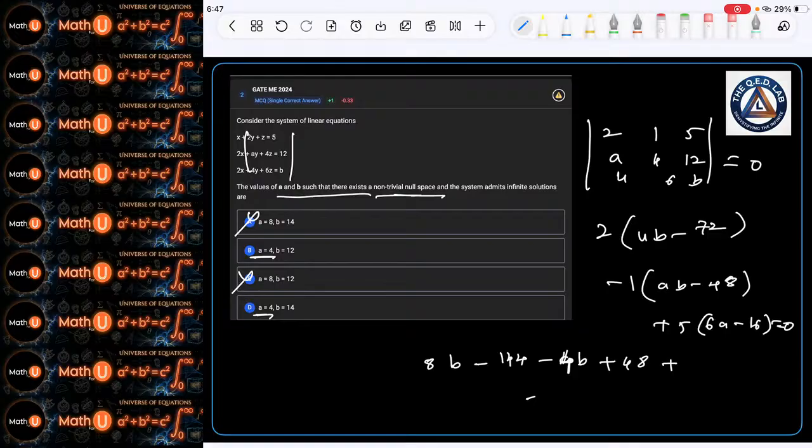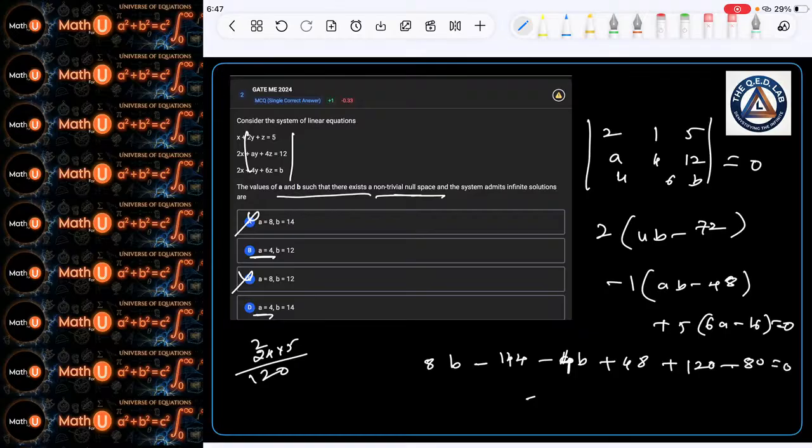A is 4, so 6 times 4 is 24, into 5, that is 120, minus 5 into 16, which is 80, equal to 0.